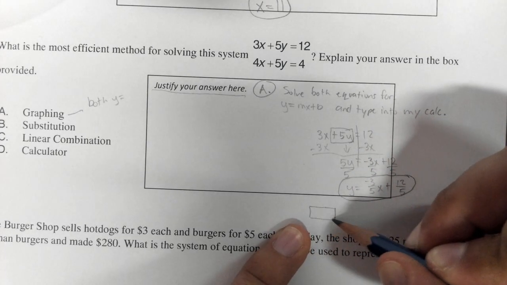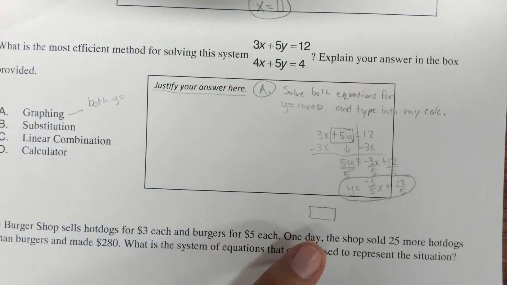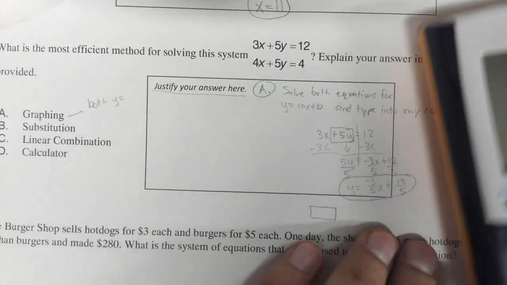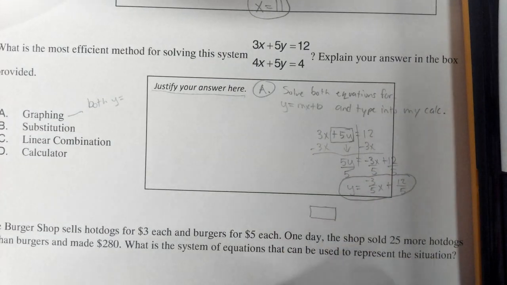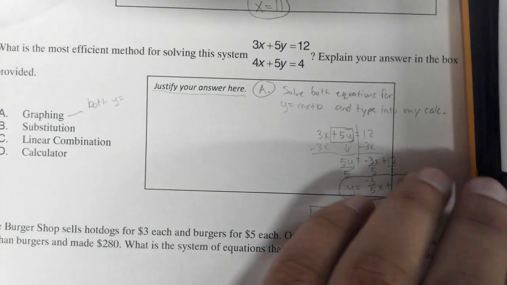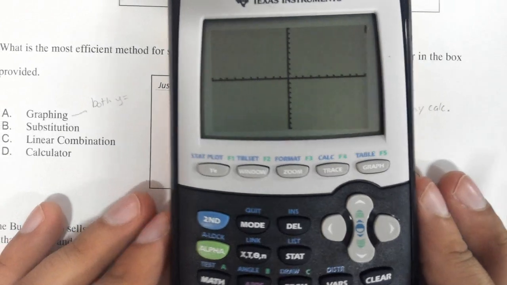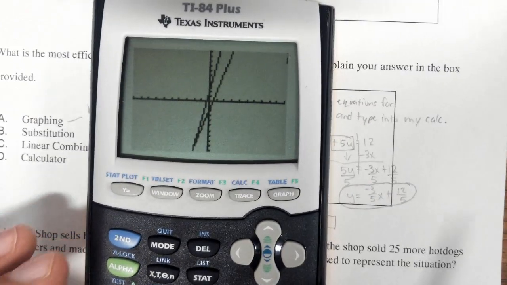Some of your teachers might even want you to say exactly what you type into your calculator. For this one, if it's not a clear point and you're doing it with graphing, that means off of your calculator, it's going to be a graph. So it means that obviously these aren't the lines. I just graphed some random lines.